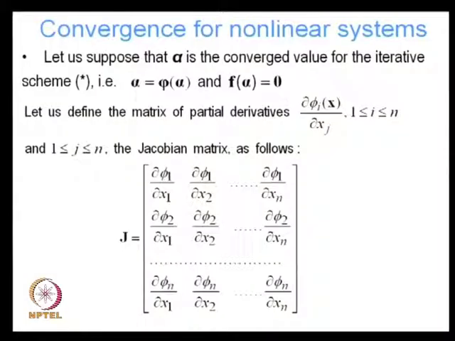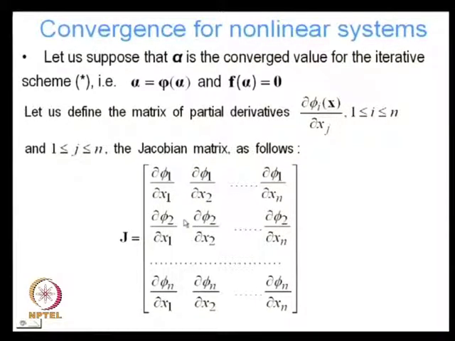When we looked at the 1D Newton-Raphson for 1D nonlinear equations, we looked at the derivative of phi with respect to x, one variable, but now we have multiple phi's and we have multiple x's. So, we are going to have a matrix of partial derivatives. The terms in the matrix are like del phi 1 del x1, del phi 1 del x2 and so on and so forth. The first row will be the partial derivatives of phi 1 with respect to x1 through xn.